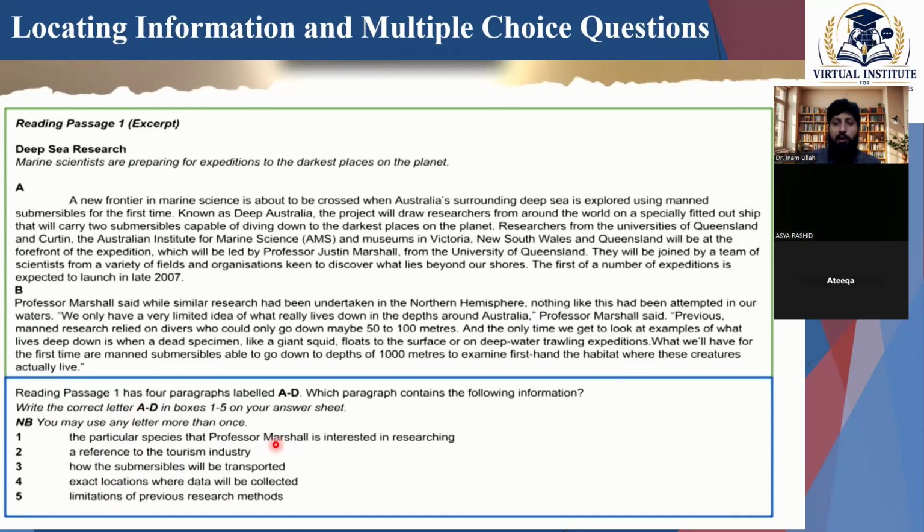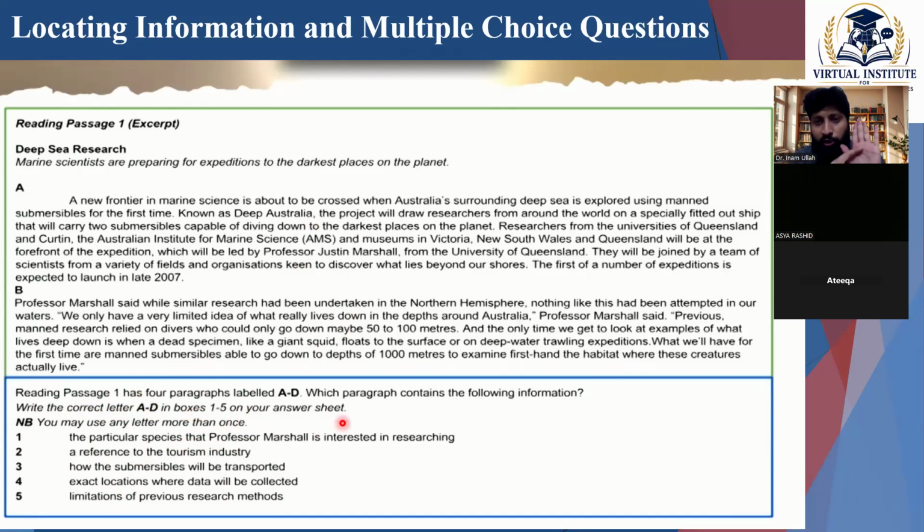These sentences may not be there in exactly the same wording. The wording might be different, they might be paraphrased, but we have to look for the relevant information which lies in each and every paragraph, right? Then the instruction is to write the correct letter A to D in boxes 1 to 5 on your answer sheet.